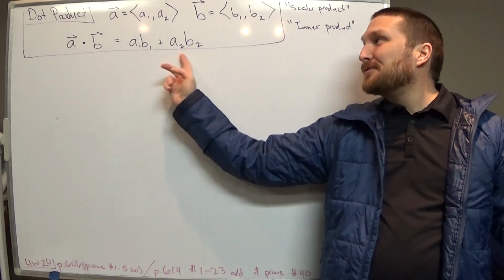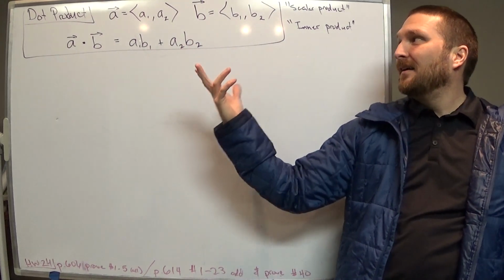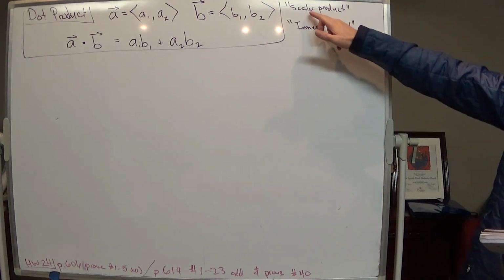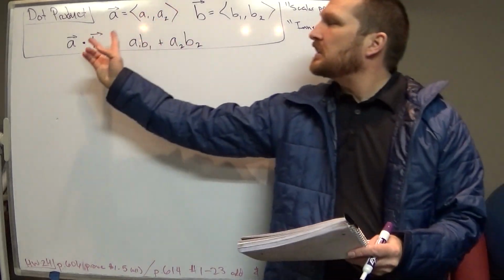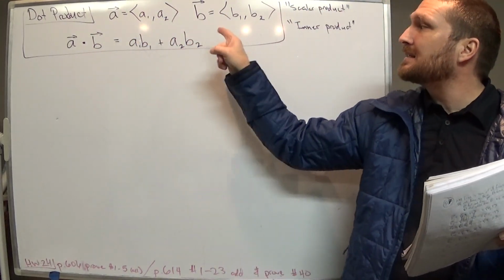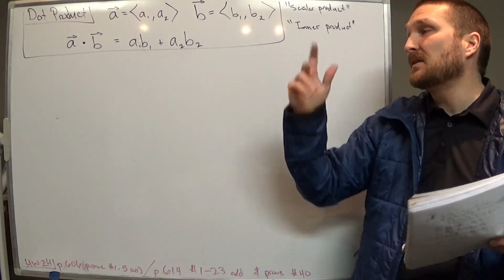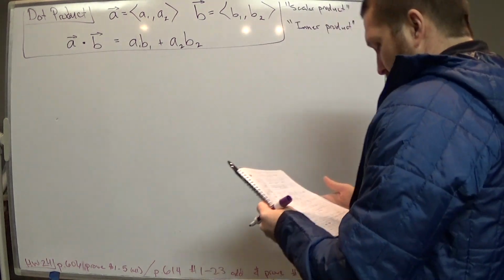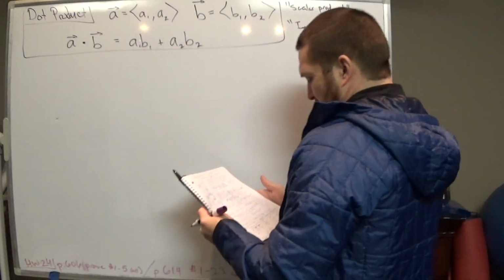And when you add two real numbers together, you get a real number. So this is why it's called a scalar product, because you take the product of two vectors and you get out a scalar. And it happens to be a scalar of the same sort of field that your vectors exist in.